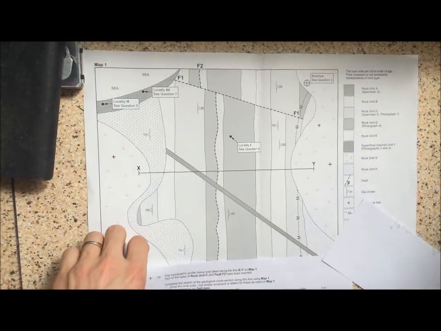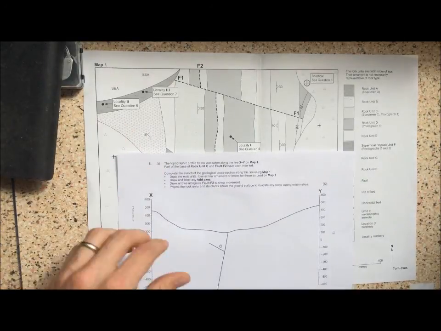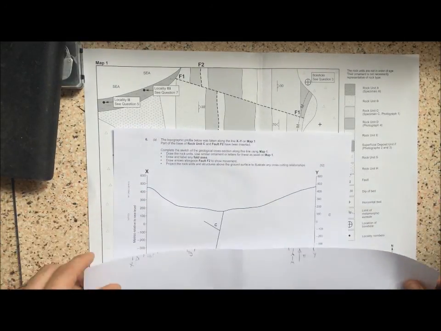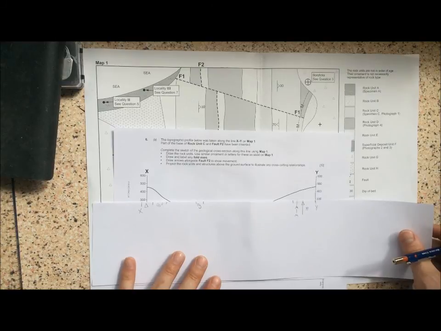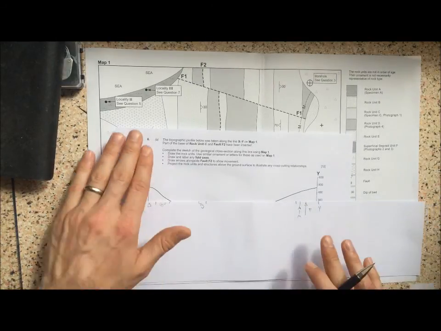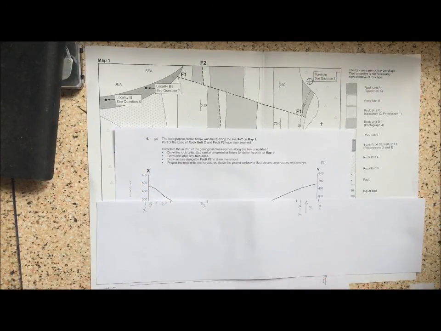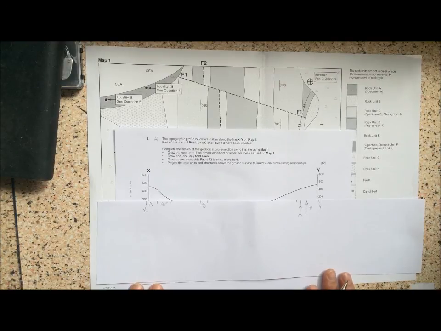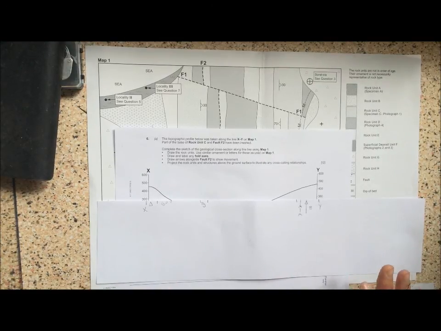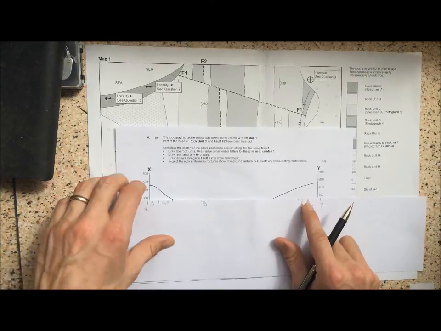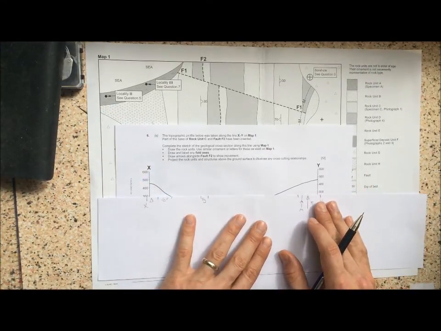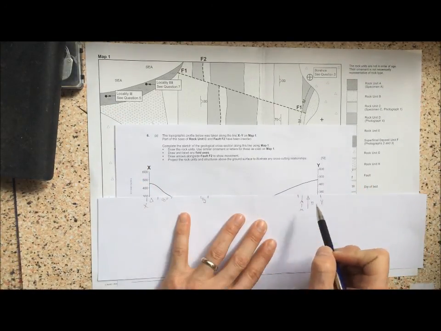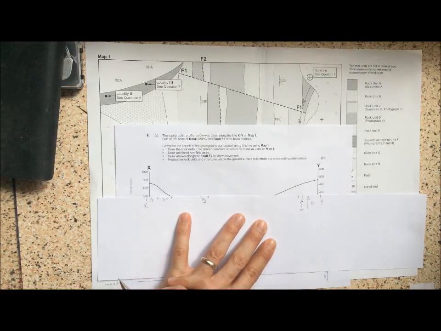So we can now start to transfer some of this information onto our sheet here. So the first things I'm going to put on are those horizontal beds. Now, the reason that I have decided to do this on a piece of paper printed off from the PDF document that's available on Moodle is to show you what to do to help you practice when, as you can see here very clearly, the cross section on the resource sheet is bigger than the cross section on the actual piece of paper.